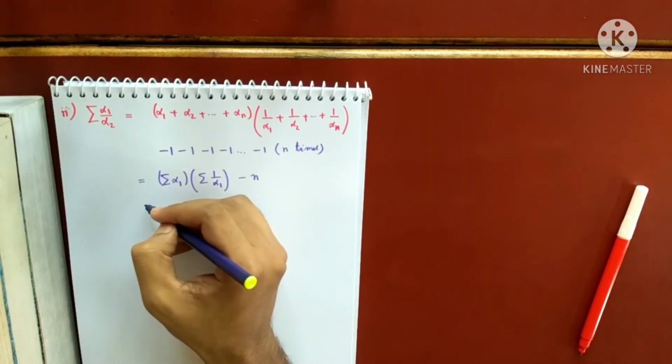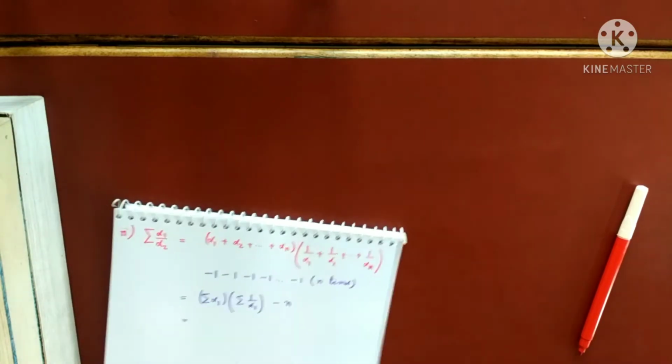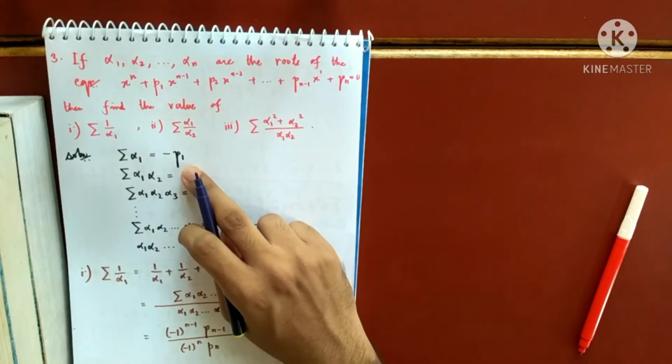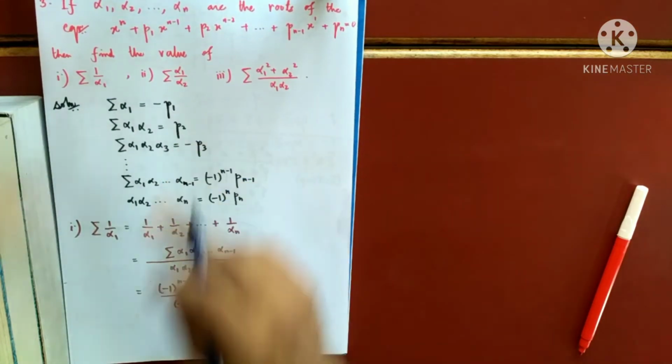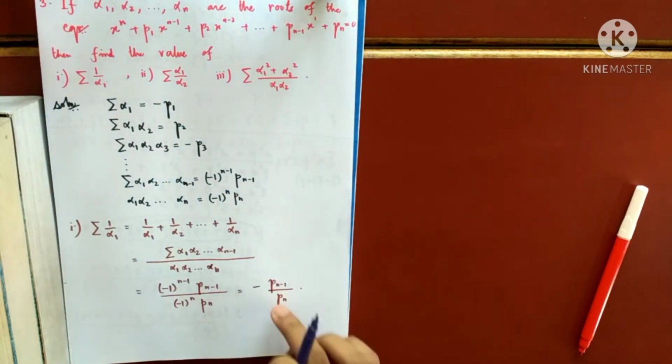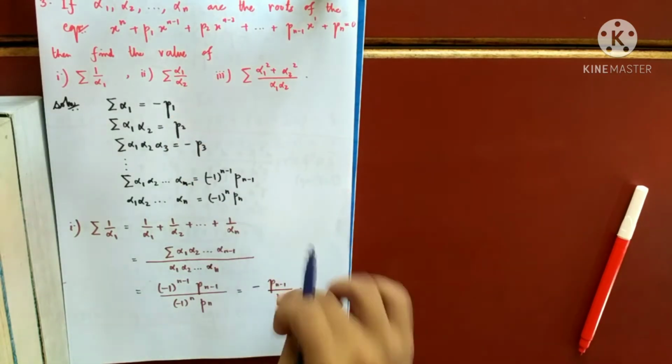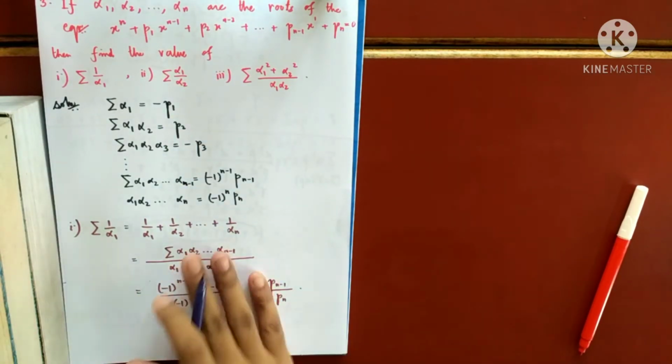So now you see, I know the value of summation alpha 1. What was summation alpha 1? Summation alpha 1 is minus p1, and from question number 1, I have also determined the value of summation 1 by alpha 1. So I have both the values. Okay, I'll just put the values.